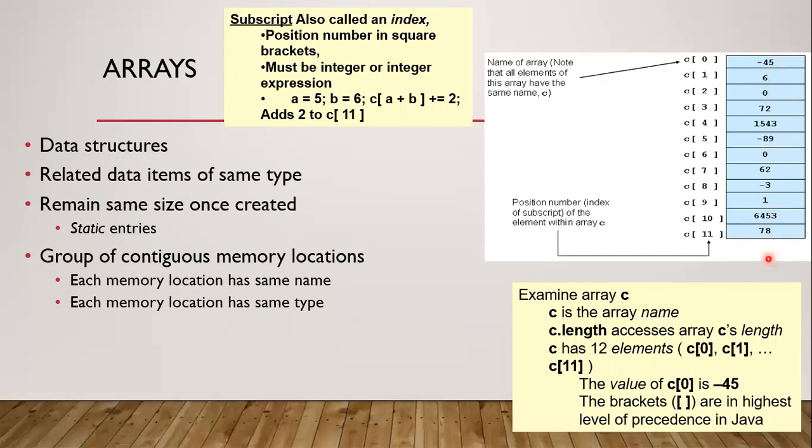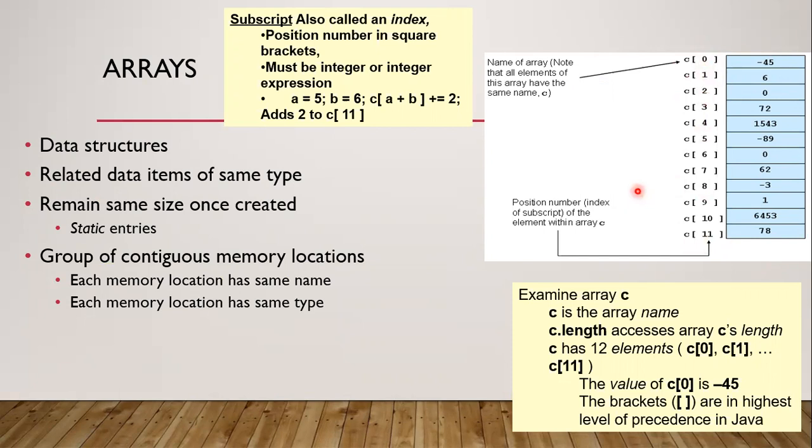They are stored in consecutive memory areas, and the name of the array is c, and the elements are accessed by the index in the square brackets. So this is index 0, index 1, index 2, and so on.